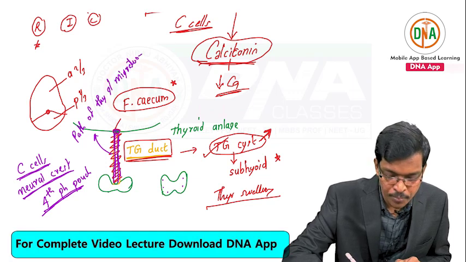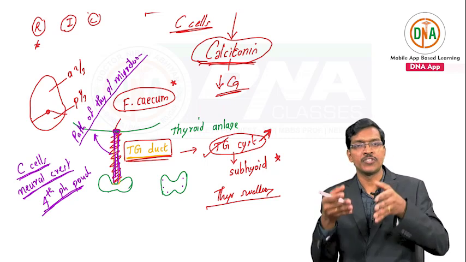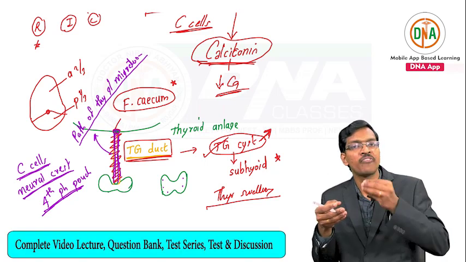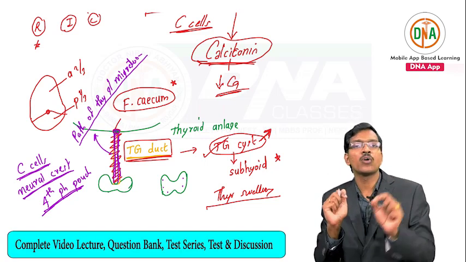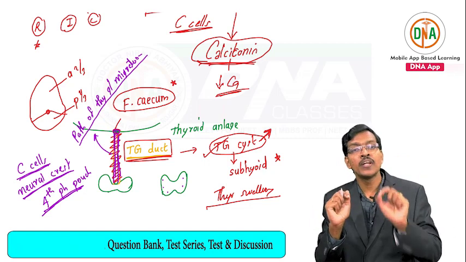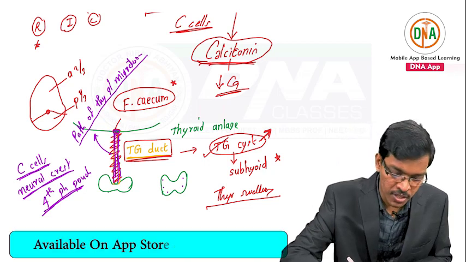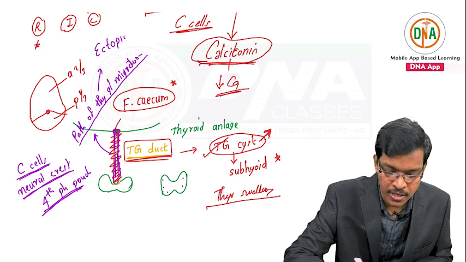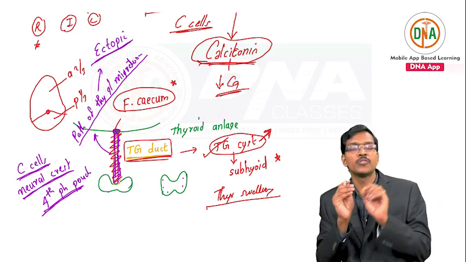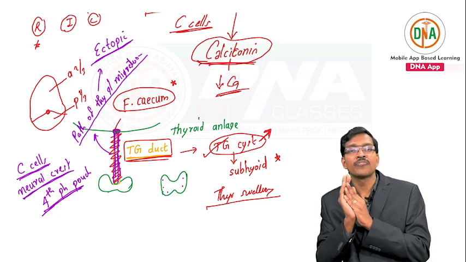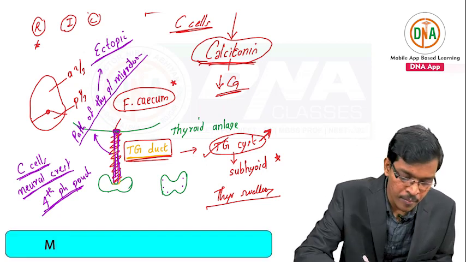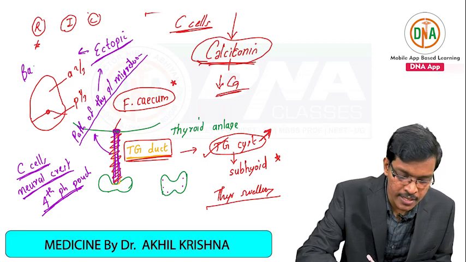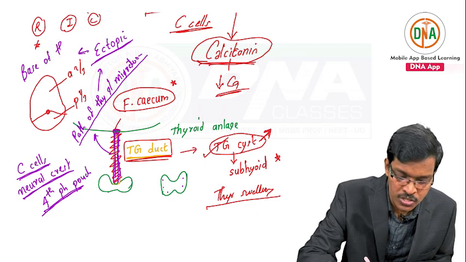So along the pathway of thyroid gland migration, that is from the foramen cecum downward to the final destination, anywhere along the path you can get remnants of thyroid tissue. That is what is known as ectopic thyroid. One important MCQ: most common site of ectopic thyroid is the base of the tongue.